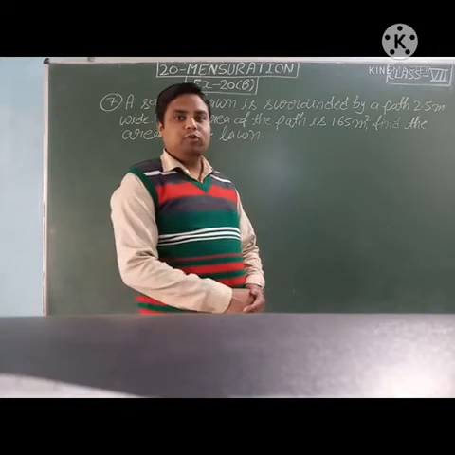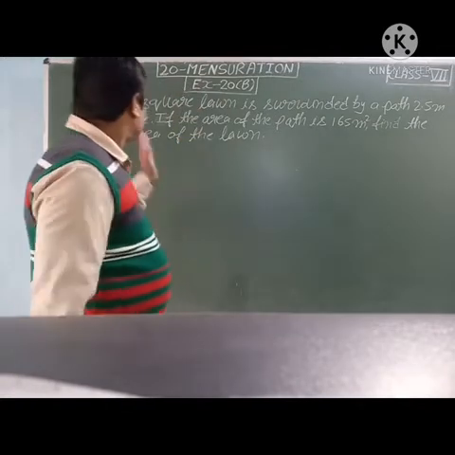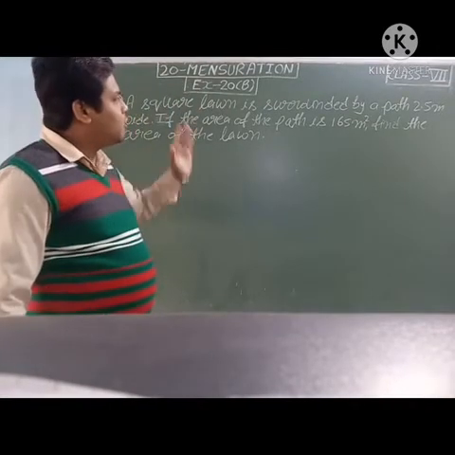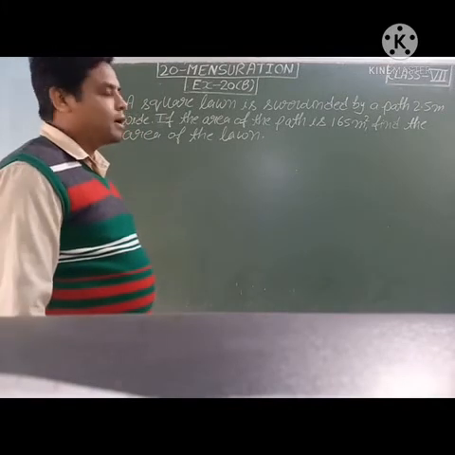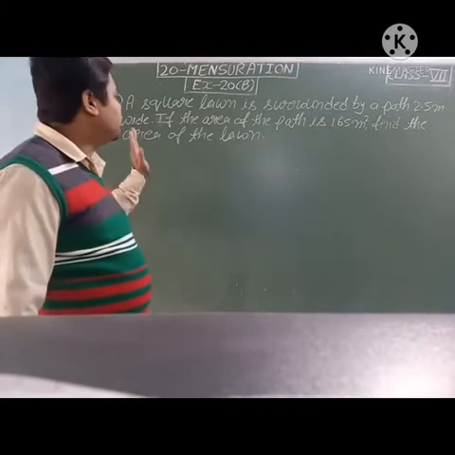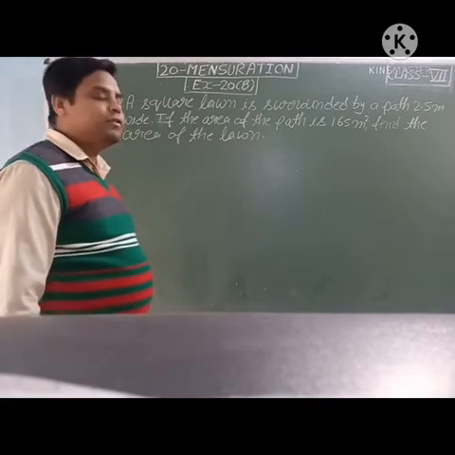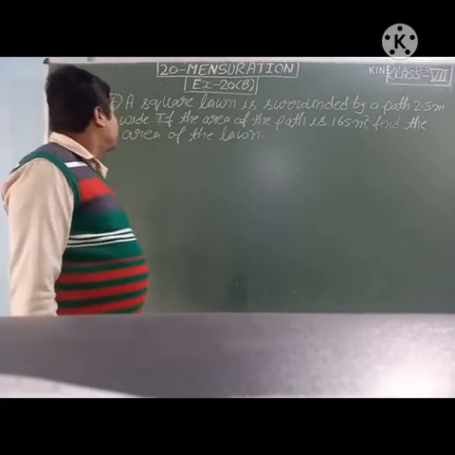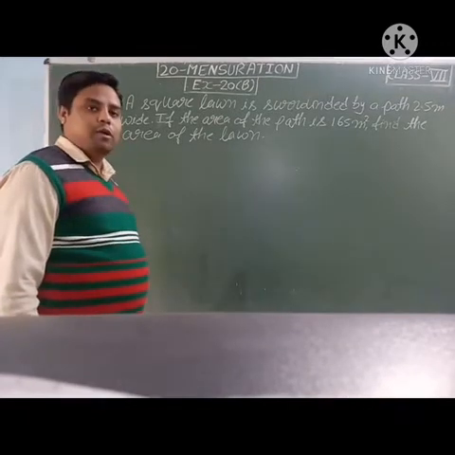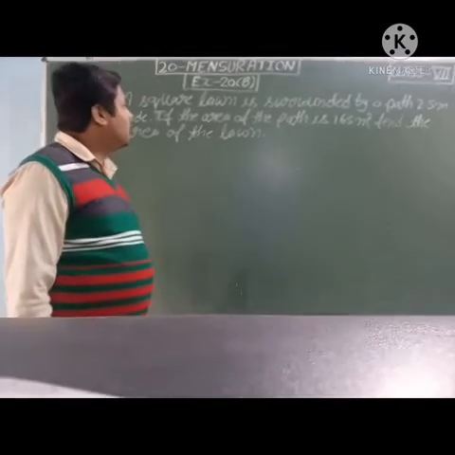Now students, see question number 7. Question number 7 is: a square lawn is surrounded by a path 2.5 meter wide. If the area of the path is 165 meter square, find the area of the lawn. So students, see a square lawn.